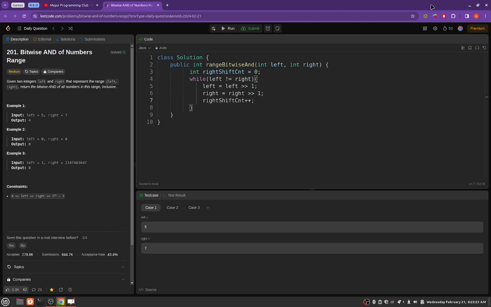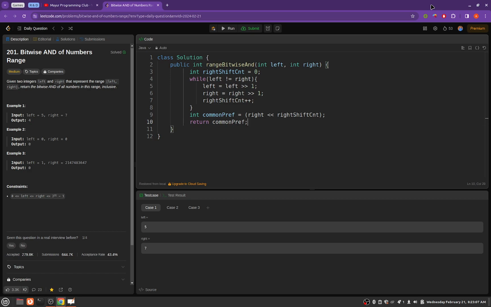Now once you are out of this loop, left and right both will be equal, so you can pick either of them. Let's say I am picking right here, so you will be returning this right left shifted by right shift count number of times. Let me take it in a variable, let's say common prefix, and we will be returning this common prefix.